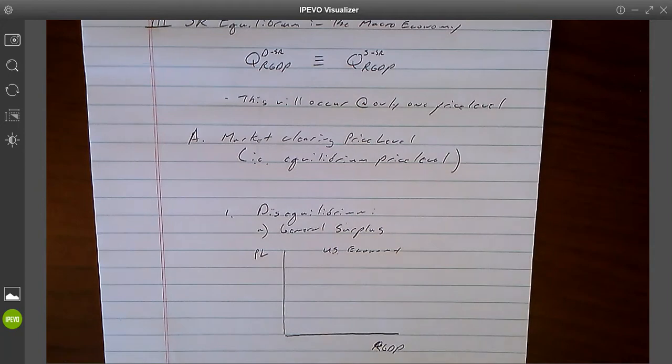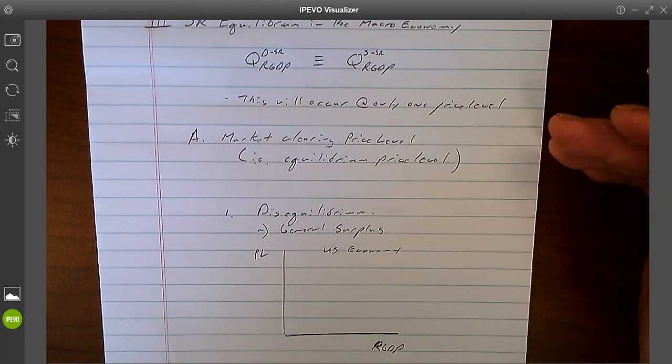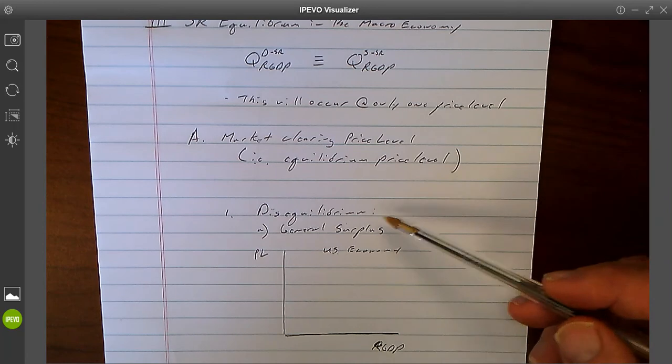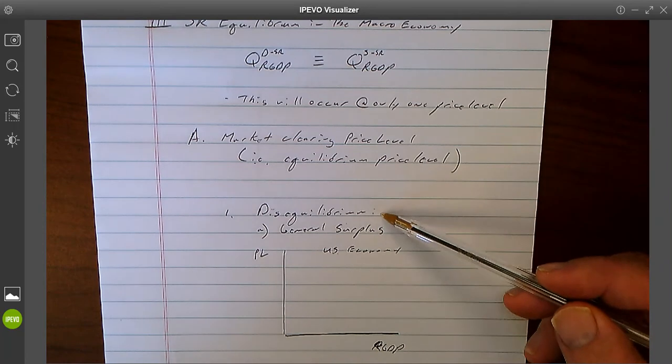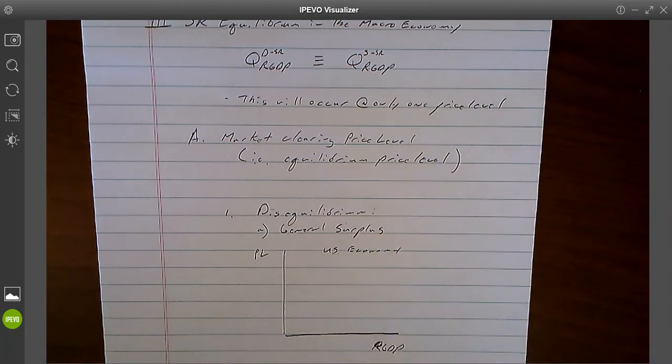So we're going to talk about two general forms of disequilibrium and how the economy will self-adjust out of this disequilibrium to a short-run equilibrium. And this is something that Adam Smith would have called the invisible hand. So let's talk about the first type of disequilibrium, and that is a general surplus.